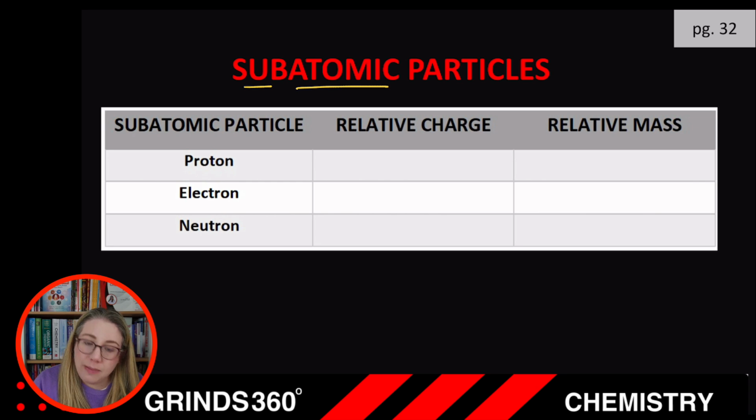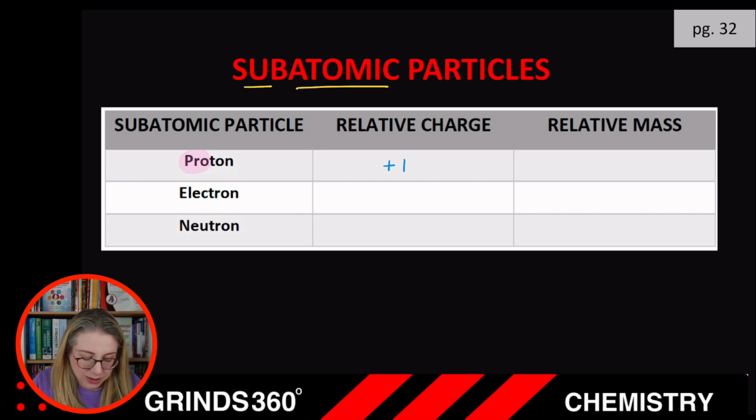Now, the way to remember this is, as you're looking at the word proton, when you're trying to figure out what charge it has, you look at the beginning and you see the word pro. If you are pro something or something is pro, that means it is positive. So the relative charge on a proton is +1.